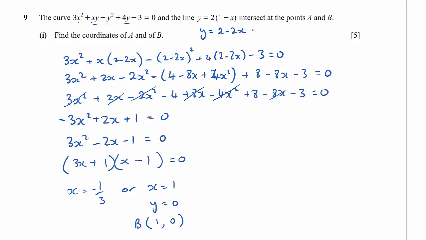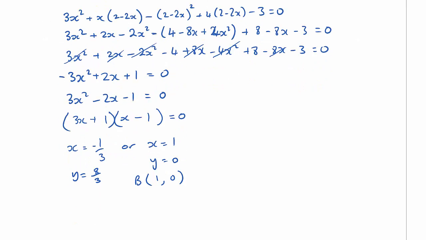And if x is negative 1/3, that gives us 2 plus 2/3. So that's 6/3, add 2/3 is 8/3, so y equals 8/3, and so A is the point (negative 1/3, 8/3).